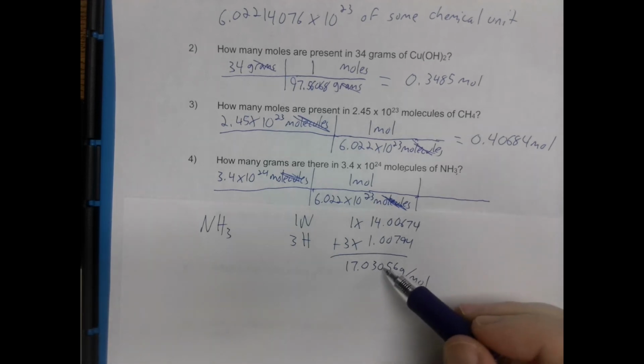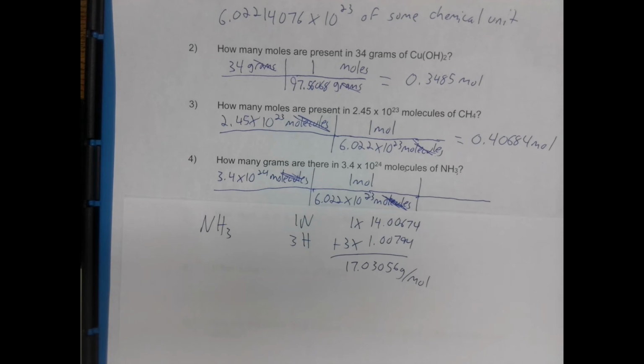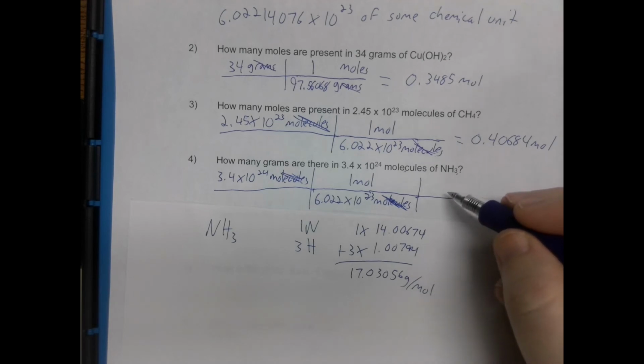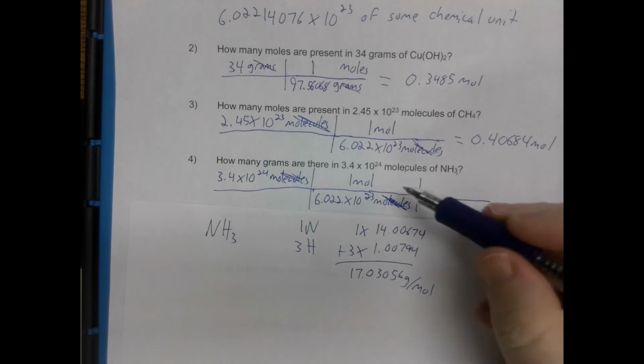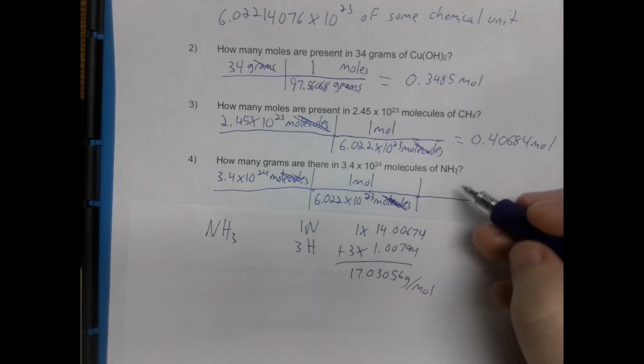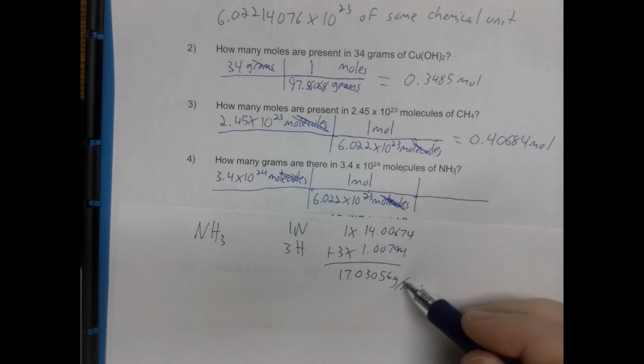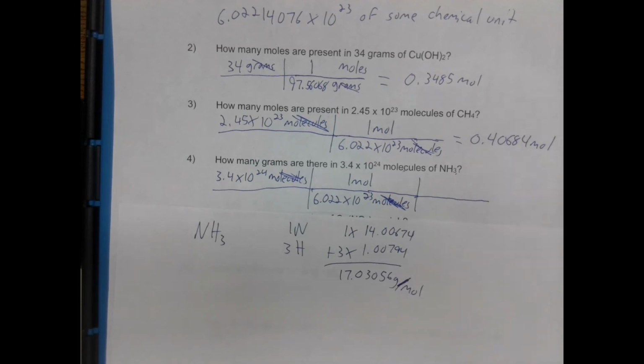Now we have a ratio of grams to moles. So we need to cancel out moles and get grams. So this says there are 17 grams for every mole, or 1 mole.